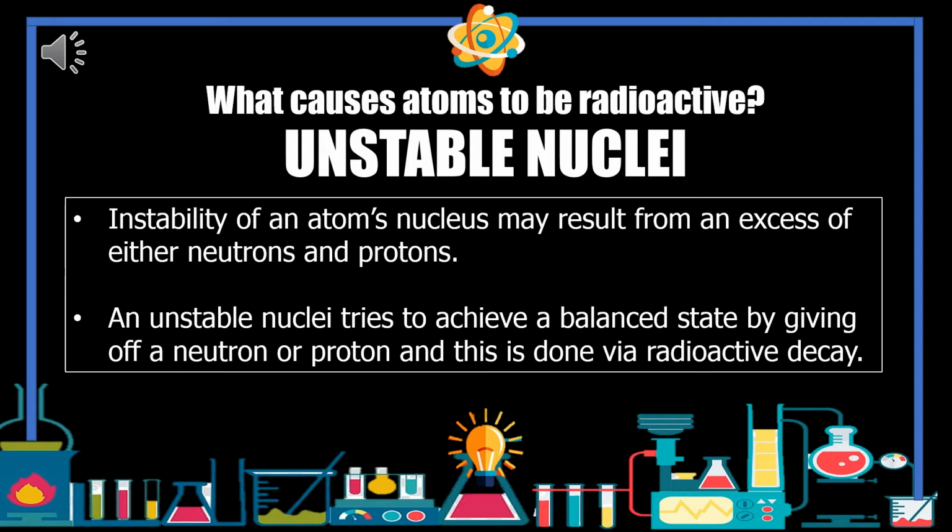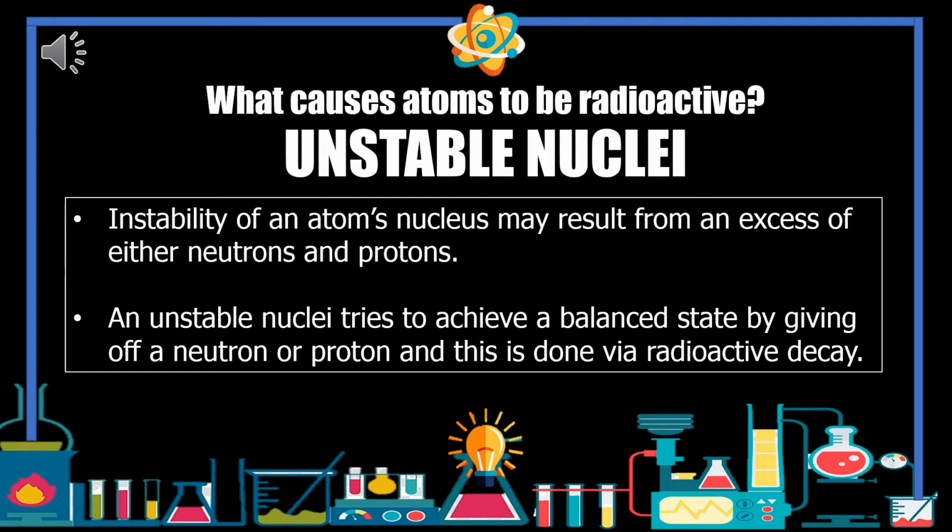That is why instability of an atom's nucleus may result from an excess of either neutrons or protons. This gives rise to a series of expansions and contractions, thereby expelling a substance, just like our body when we sneeze.